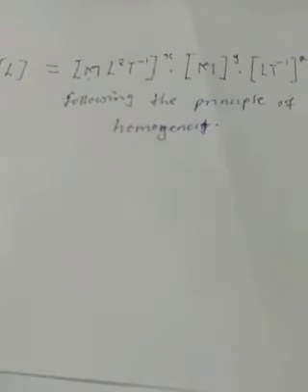What does the principle of homogeneity state? You know that you can only multiply or divide quantities of the same or different dimensions, and it even goes further up to you have to equate what is on your left hand side to what is on your right hand side.